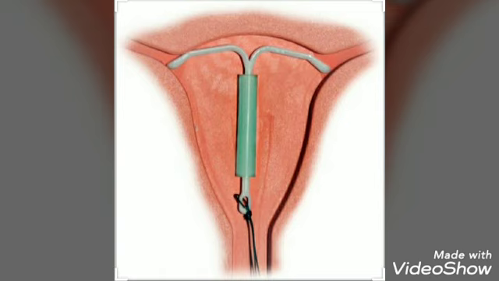The IUCD or copper T prevents the implantation of the fertilized egg in the uterus. If a woman uses a copper T for avoiding unwanted pregnancies, it cannot protect her from acquiring sexually transmitted diseases if her partner has such a disease.